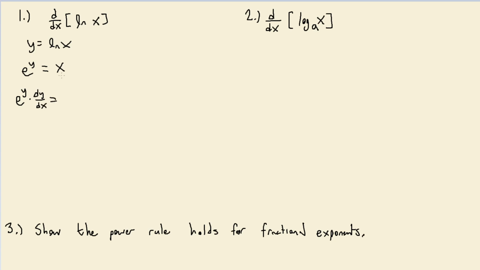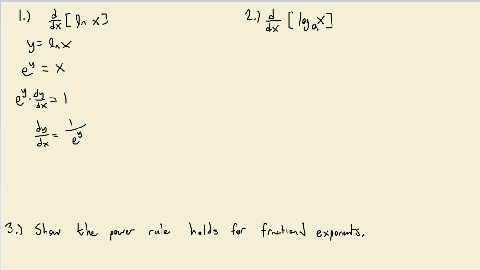And then we'll take the derivative of this side. This is just the derivative of x with respect to x. It's just equal to 1. We can finish this out. This is dy dx is equal to 1 over e to the power of y. And now, we used implicit differentiation to solve for the derivative here, but we can plug in our original definition to make our derivative explicit, so to speak.